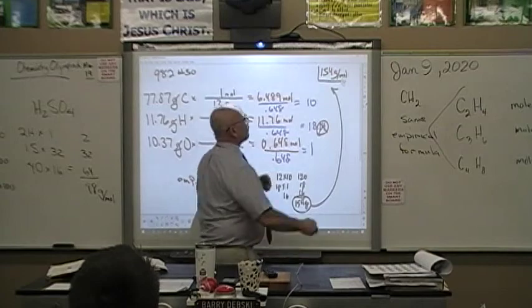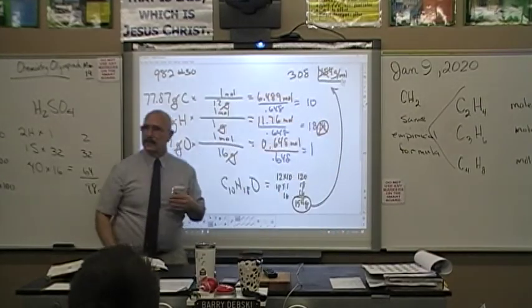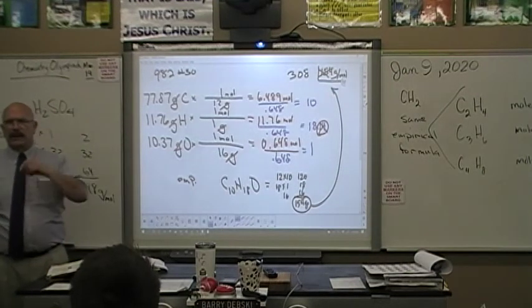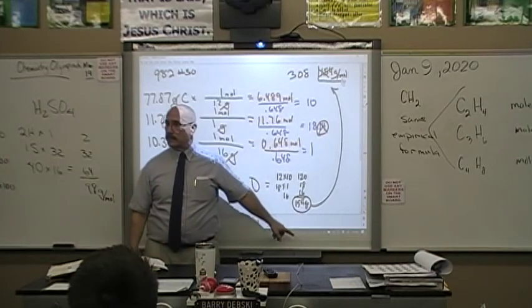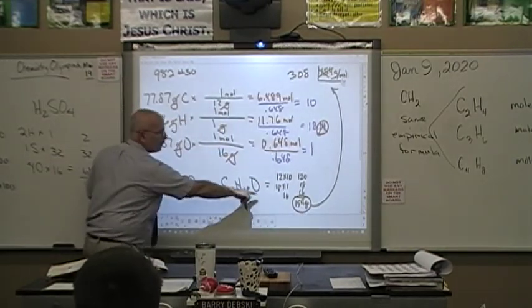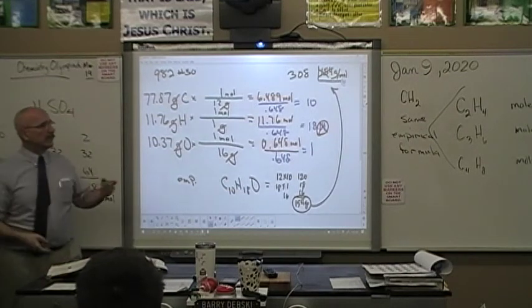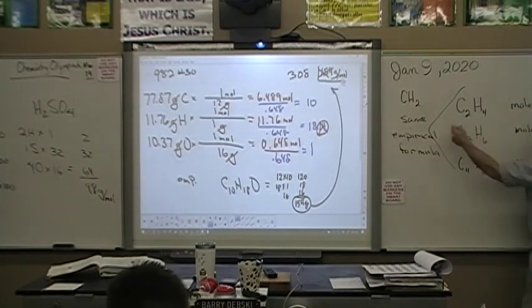If this number happened to be 308, just for example, okay, they said the molecular weight is 308 grams, I would look at this and say, wow, that's twice as big as this. And then I would have to double all of my subscripts, okay? So remember, the molecular formula is usually just a multiple of your empirical formula.